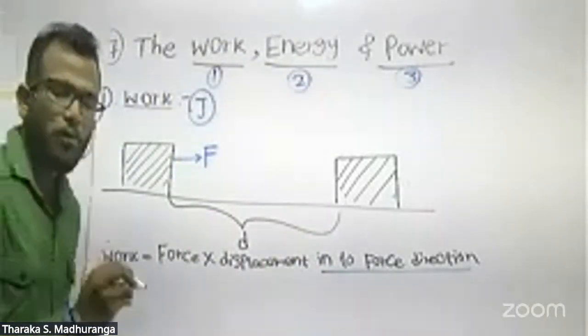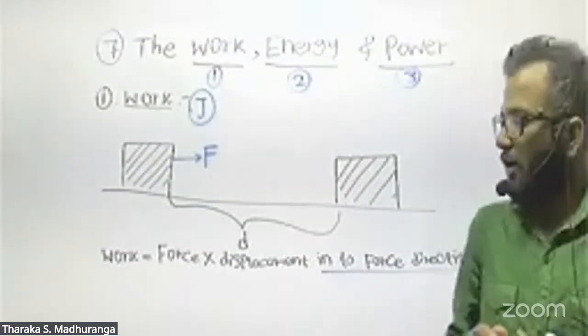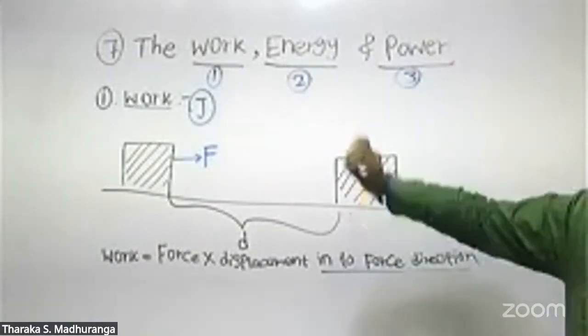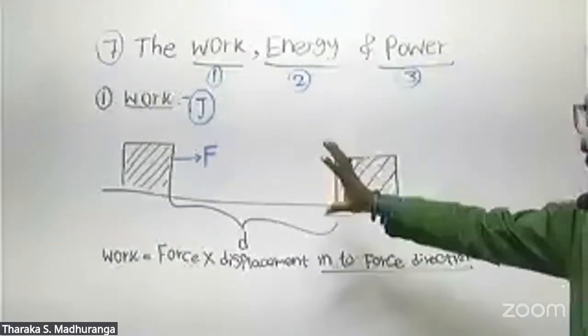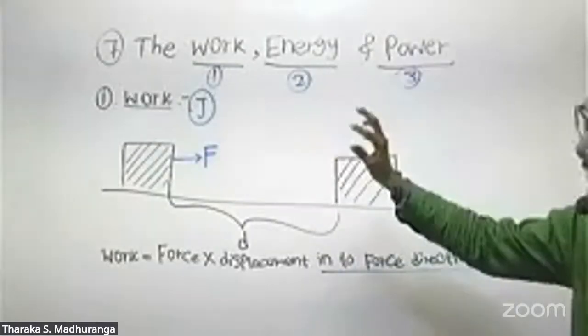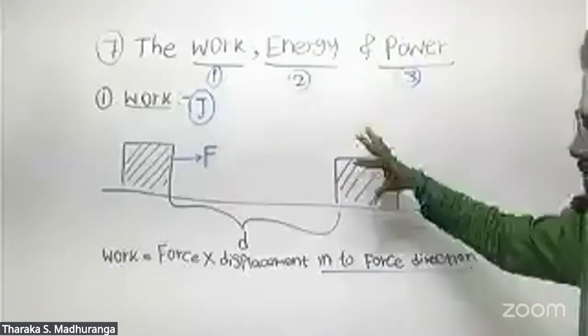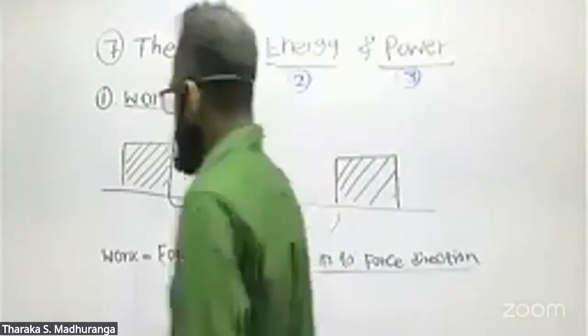That is very important in your A-level syllabus because in this case, the force can act in different directions. The basic equation is the work equals the external force multiplied by the displacement in the force direction.